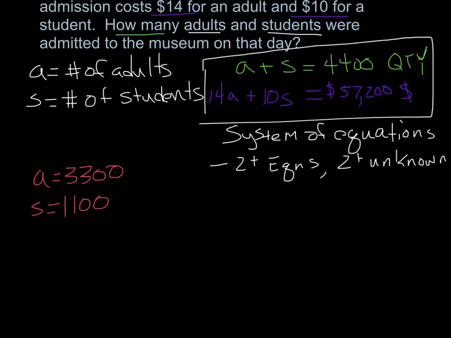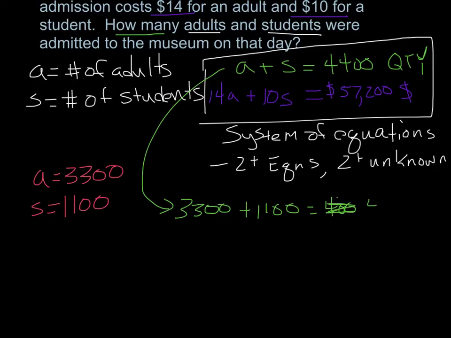So if it's true, then it should satisfy both equations. So looking at the first equation here, 3,300 adults, again that's what I'm telling you my solution is, plus 1,100 students does in fact get me to 4,400. And you can verify that on your own, but it works for that one.